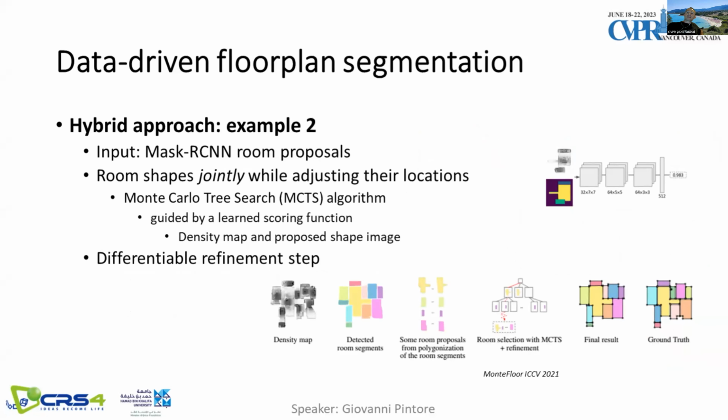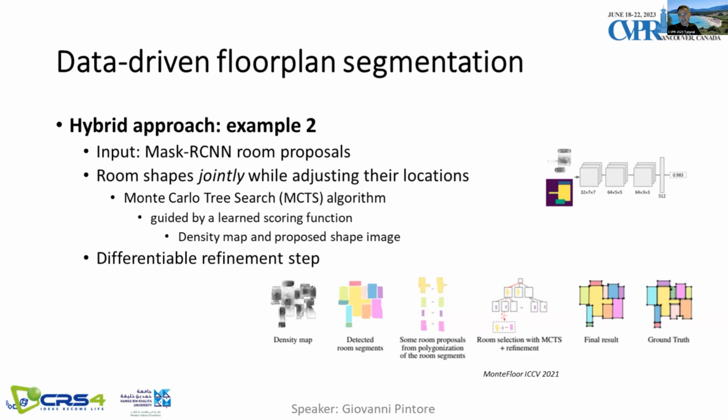Here we have another example, even more recent, of another hybrid approach. It's called MonteFloor. MonteFloor starts from the room proposals from Mask R-CNN, from the density map. In this case, room shape proposals and their combinations are detected using a Monte Carlo tree search algorithm according to an objective function that combines a metric score predicted by a deep network and regularization terms.